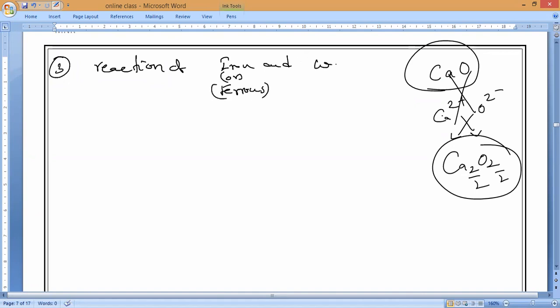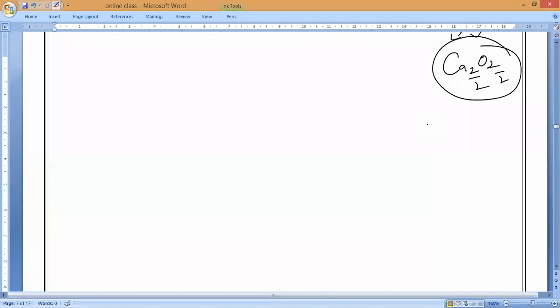Iron and water will give you what? Iron oxide, or ferrous oxide, and hydrogen gas. Now, I will say the word and skeletal equation, and you have to balance it.